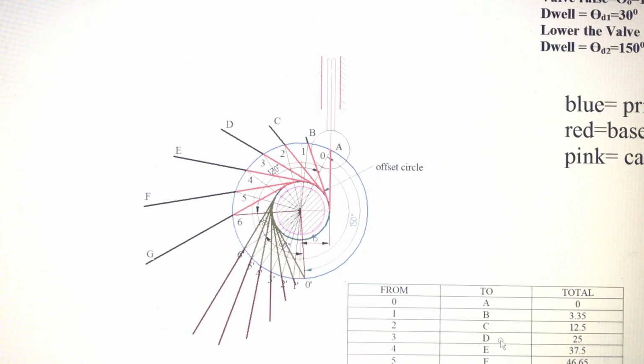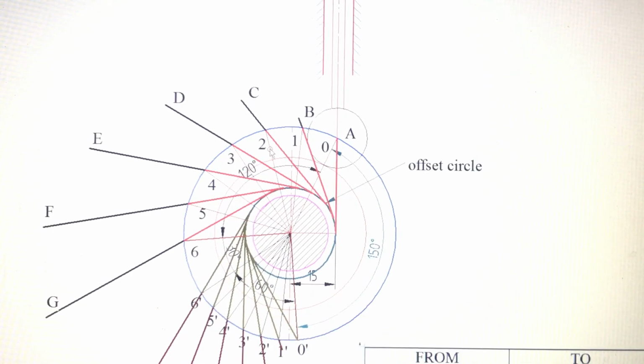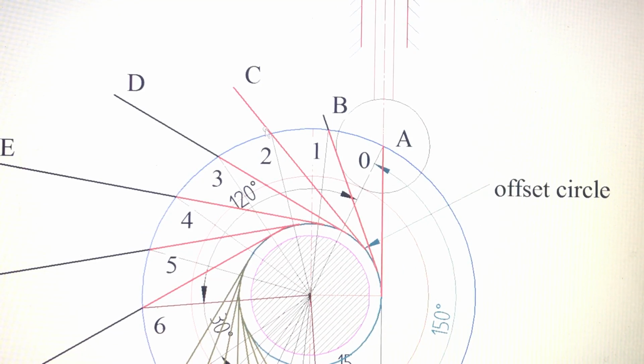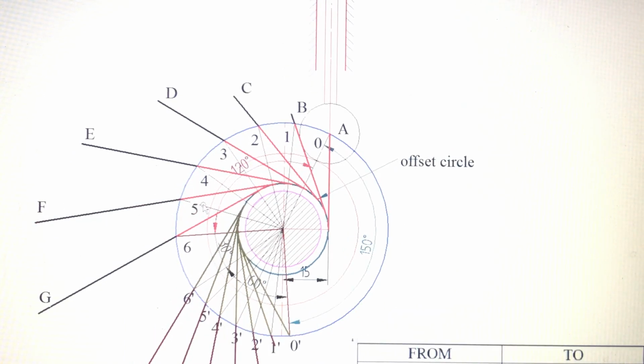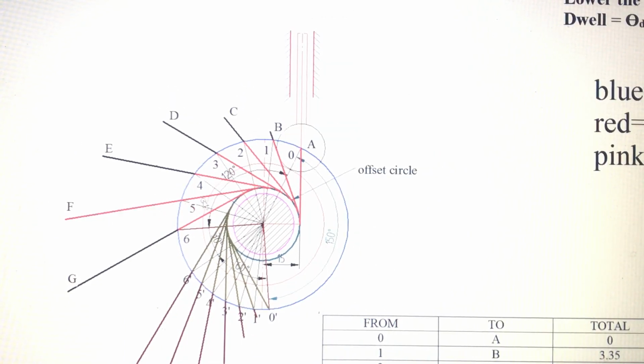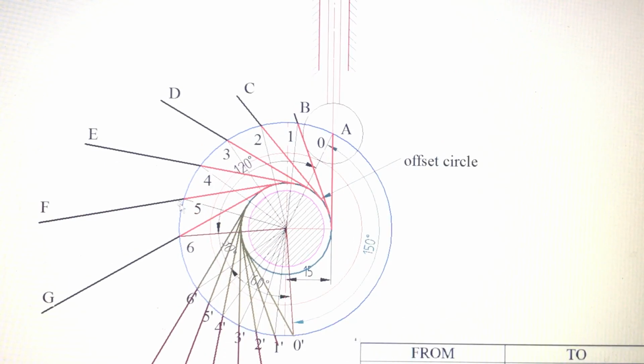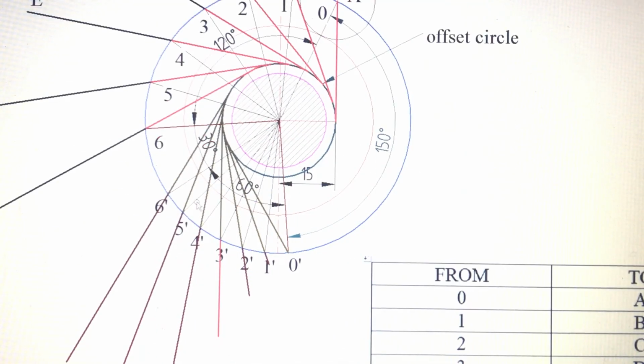Likewise for 2 to C, 12.5, it should be extended like this. For each point you extend like this. These two should be continuous. These lines are continuous, there is no deviation for these lines. Likewise for this also, that is angle of return.